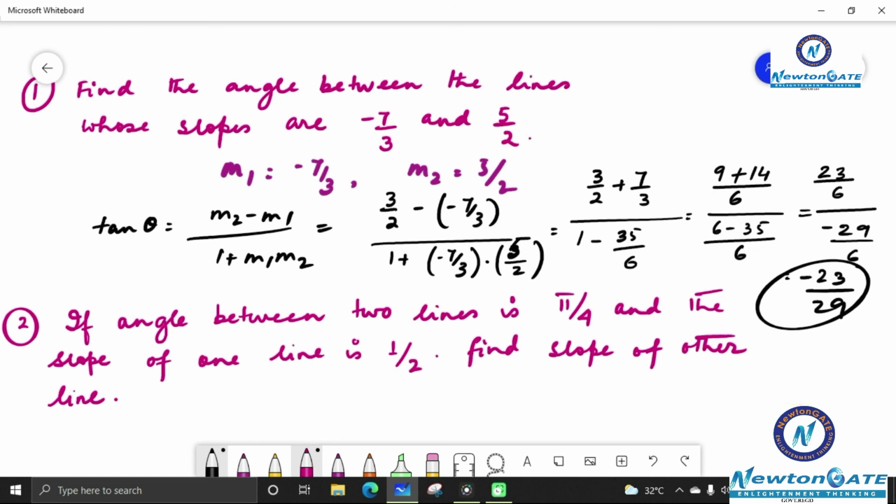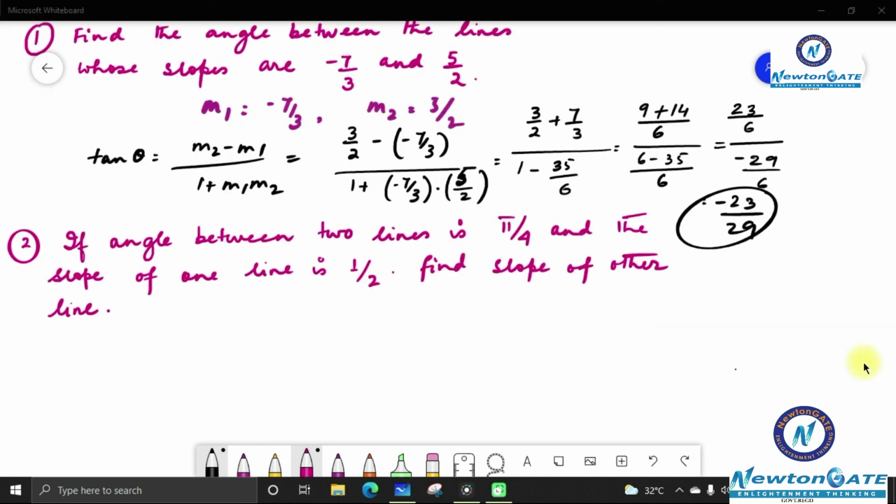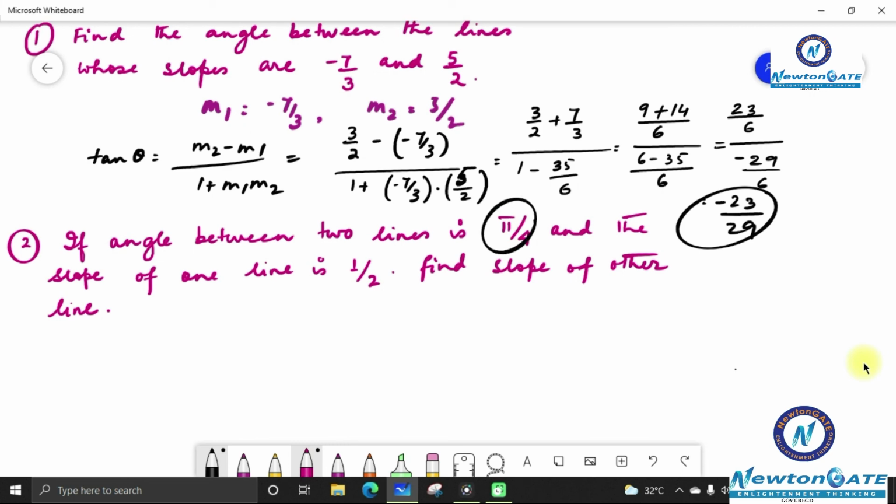So the second question: if the angle between two lines is pi by 4 and the slope of one line is 1 by 2, find the slope of the other. So basically here theta is given, that is the angle between the two lines, which is pi by 4, and one of the slopes, let's say it is half, is given. m1 is half. So we have to find m2.